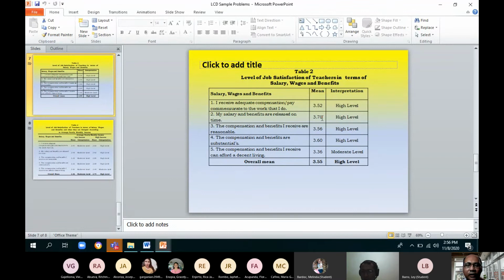Okay. So, that is your discussion sang table. So, again, in summary, present first the table, then discussion and implication. So, ganun lang. In one sentence lang ang implication, ayos na. Diba?